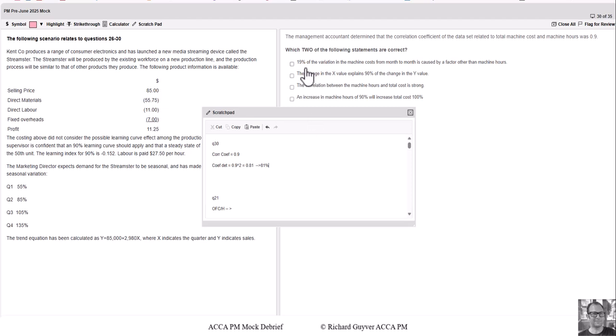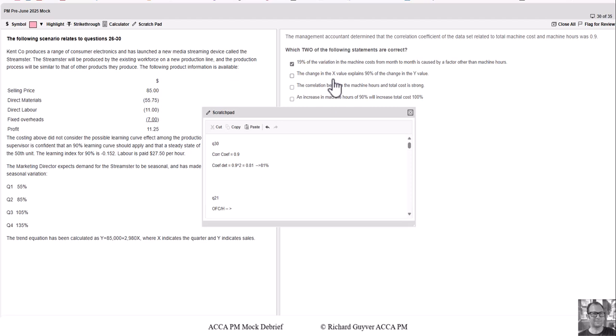And this says 19% of the variation in machine costs from month to month is caused by a factor other than machine hours. Machine hours would be the independent variable, machine costs would be the dependent variable. If 81% is explained by or caused by machine hours, then 19% would be by another factor.